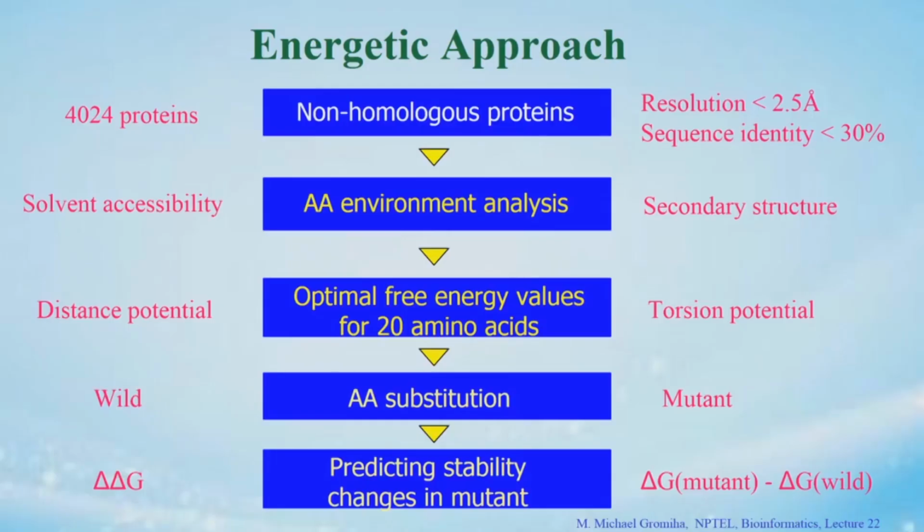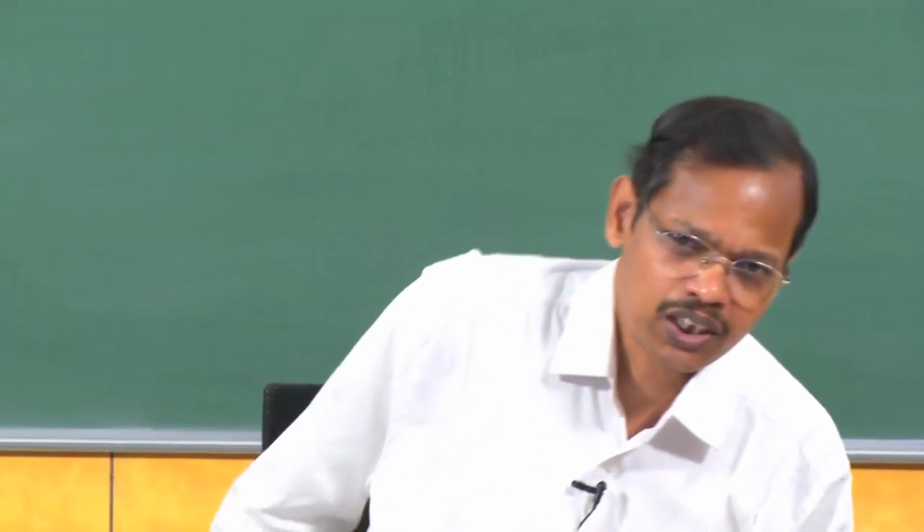Now, you can add more information to increase the performance. Let us see what the other different methods are. One of the most popular methods is based on energy, because energies are very important for the different interactions, and if you mutate a specific residue, this will disturb the energy or improve the energy. This can tell you whether it will increase or decrease the stability. For getting this energetic approach, what can we do?